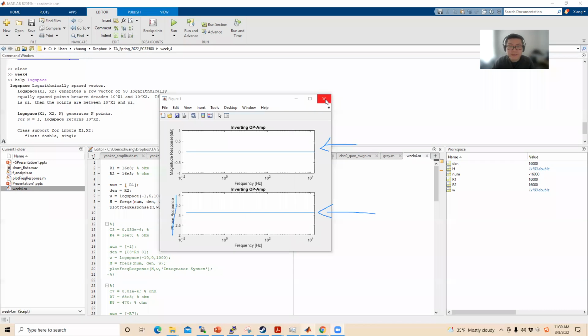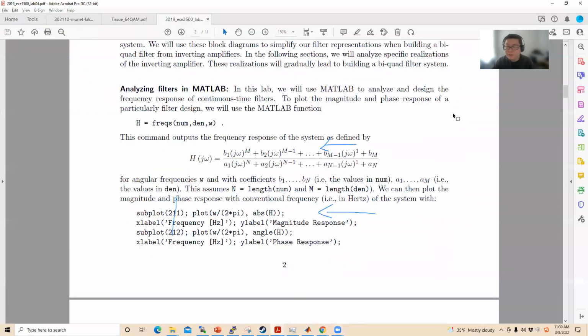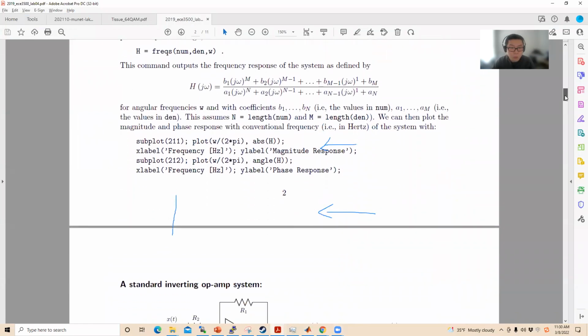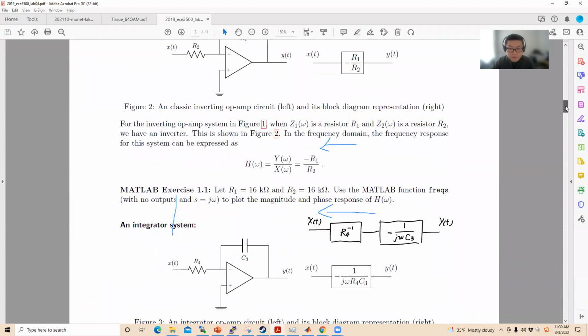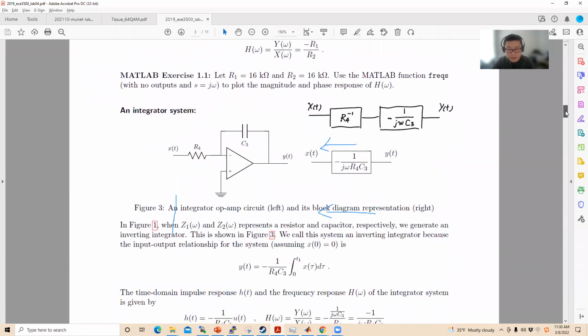Okay. So now let's look into another example. This example is an integrator system. You can see it contains two different parts.